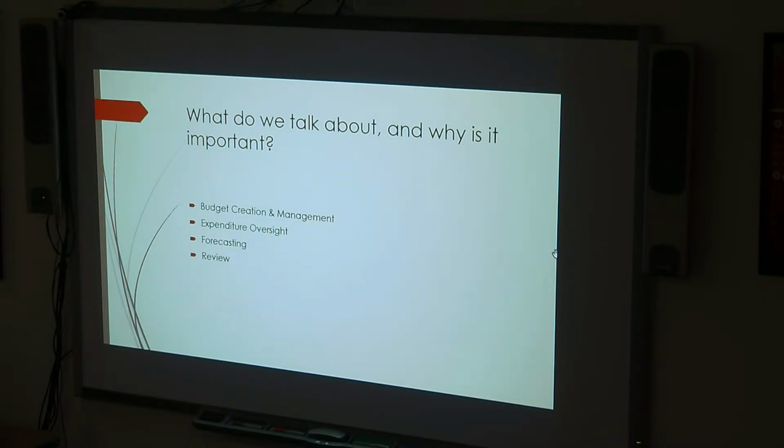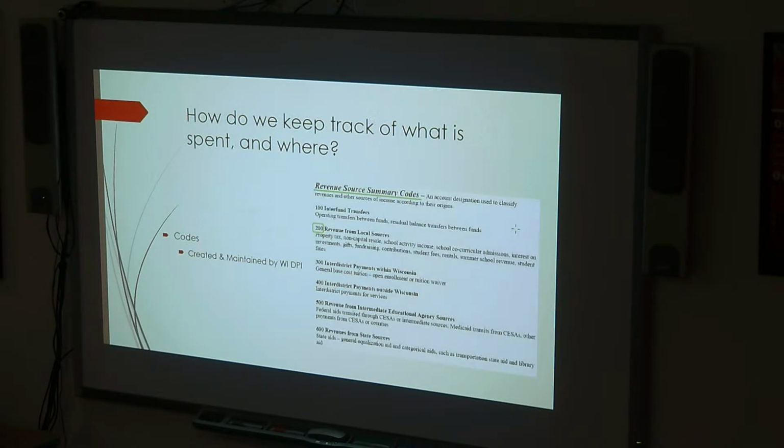So we talk about budget creation and management, some oversight, forecasting, review. These are things that will overlap throughout the year as part of board discussion. Though some things certainly have steps in the process, one being the business session. Later this month, we'll be talking about the budget for the upcoming year and approving that on a preliminary basis.